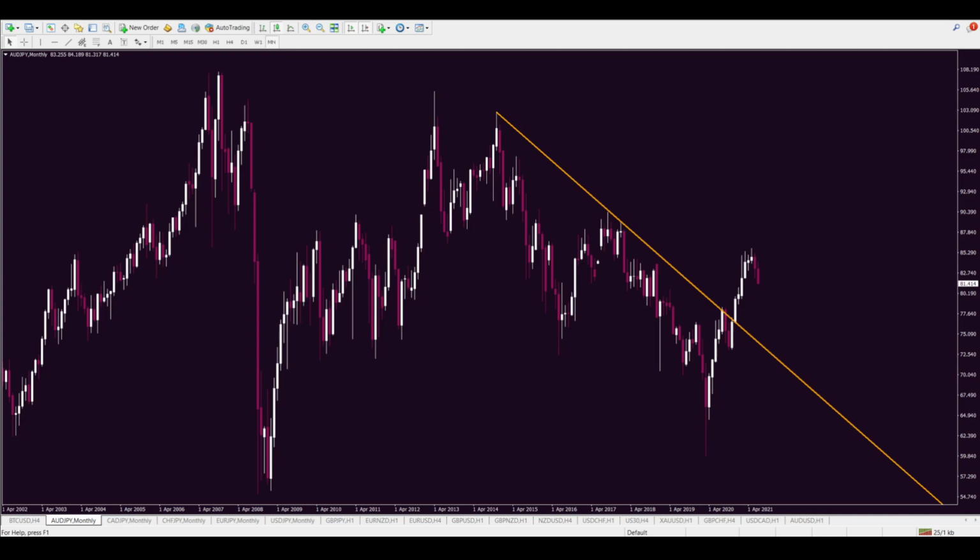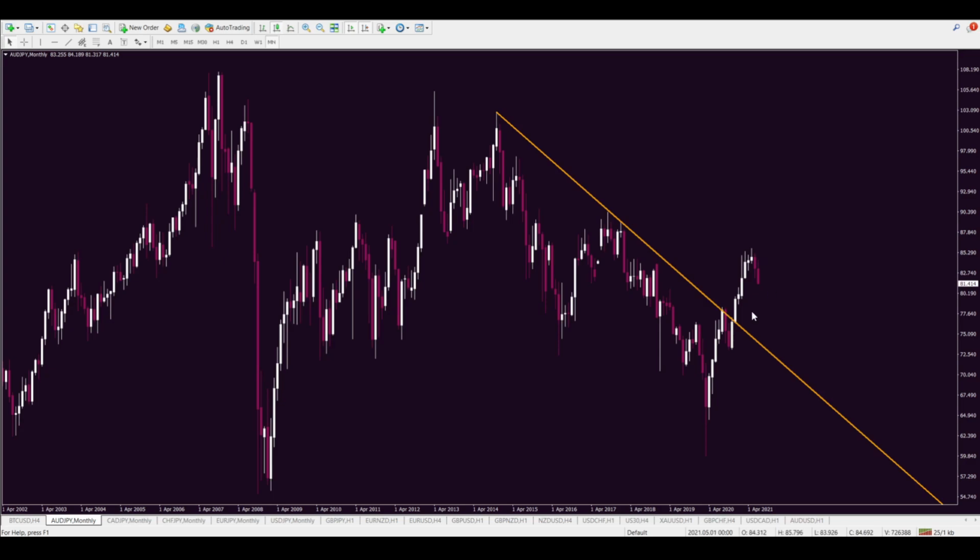So we'll begin on Australian JPY, and we'll begin on the month as usual. So price was bearish, and then it broke out of the bearish trend line, found a little resistance, then went down, and then pushed right through.